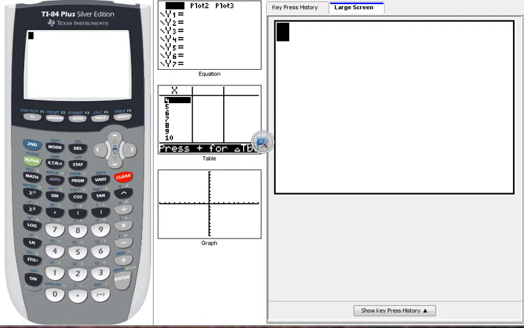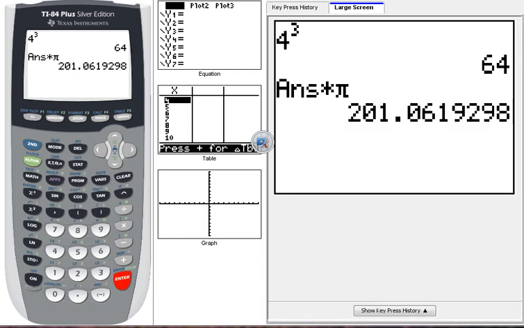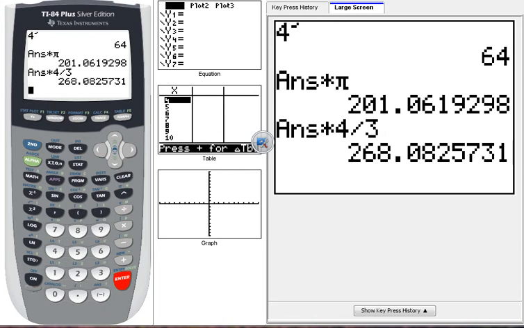I'm going to do 4 to the third power, multiply that by pi, then multiply by 4 and divide by 3 to multiply by 4/3.